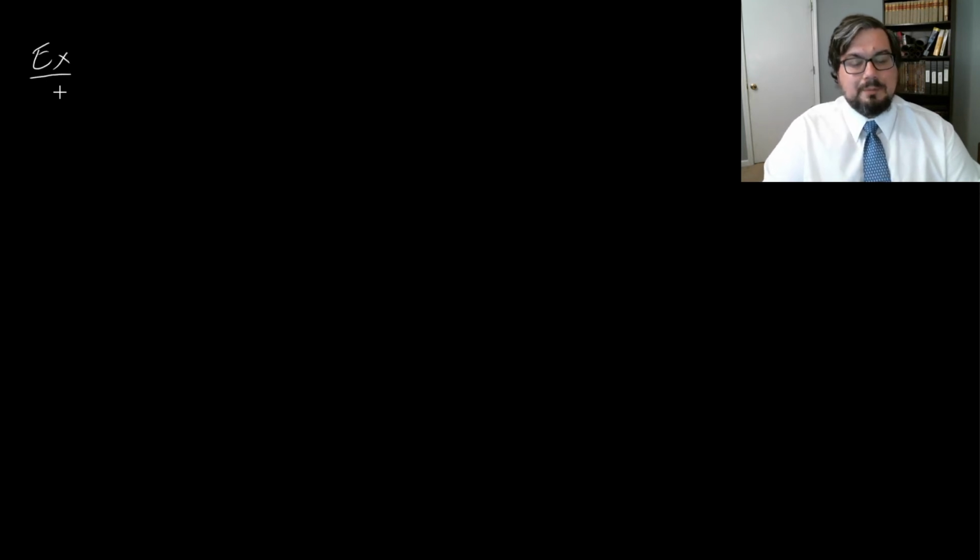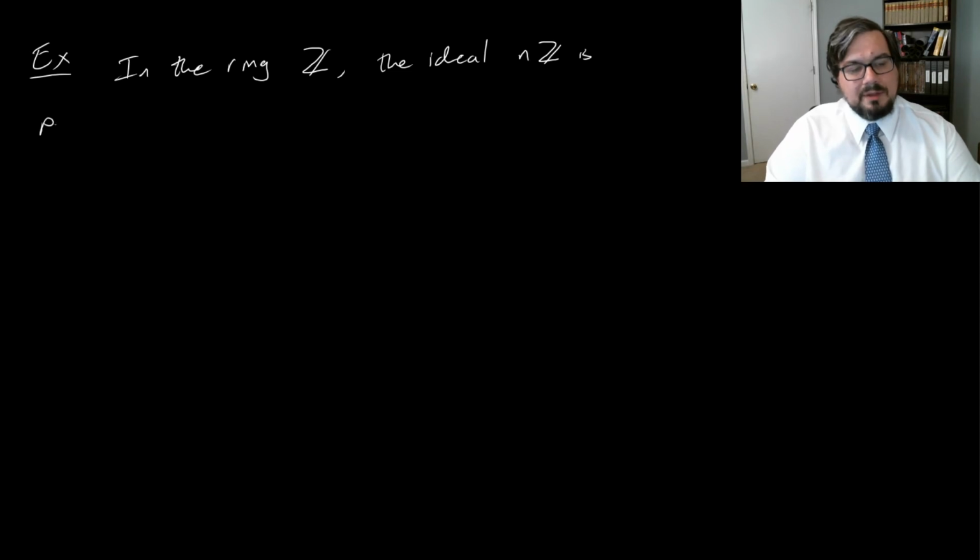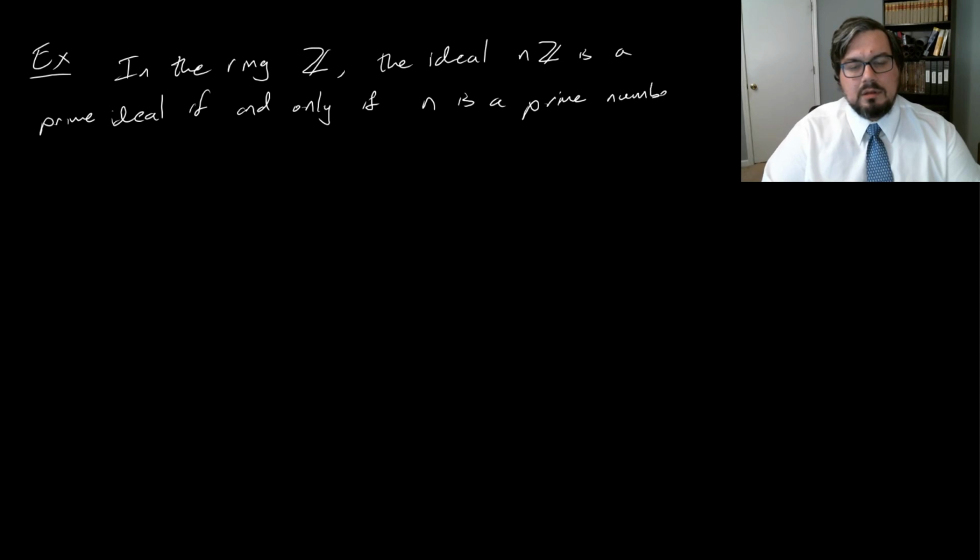Let's look at a couple of examples of prime and maximal ideals. In the ring Z, the ideal nZ is prime, or let me be more specific, is a prime ideal if and only if n is a prime number or n equals 0.